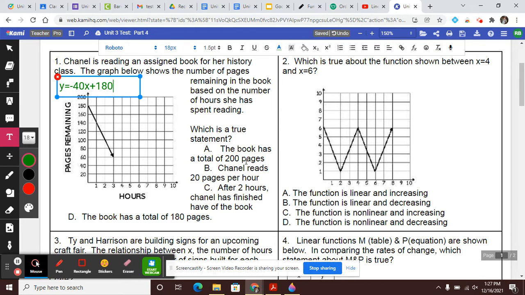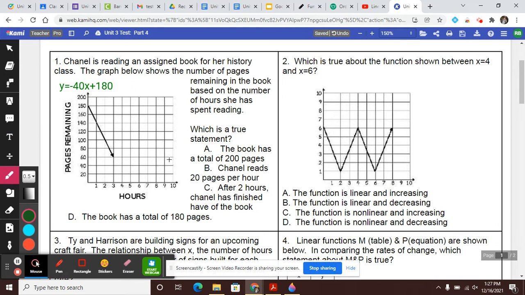The first option says the book has a total of 200 pages. We see that it starts with 180, so we're going to cross that out. We know that A is not it because it starts with 180. The next says if she doesn't read at all, then she would have 180 pages left. We said she reads 20 per hour, but when we calculated that, we saw that she actually reads 40 per hour. So we know that's not true.